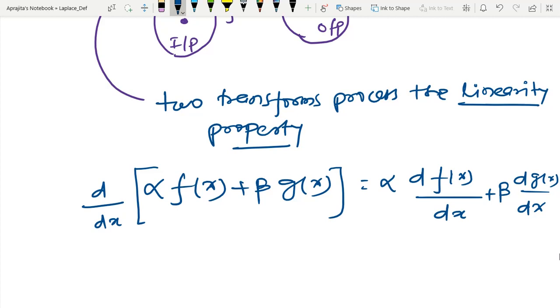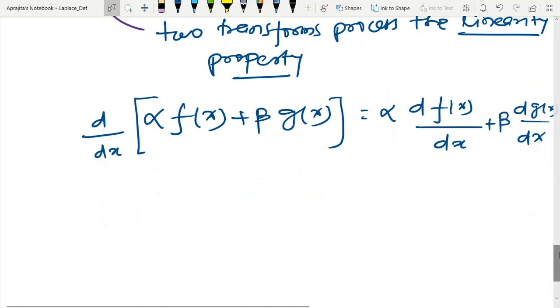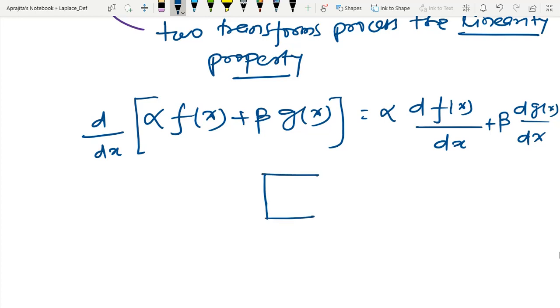And if you remember the linearity property, at that time what we were telling is that suppose you have some system, then first you can apply f(x) and note its response.